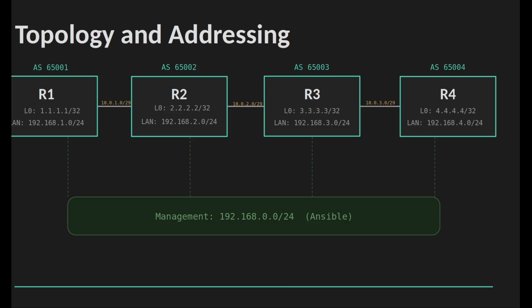R3 faces R4 on FastEthernet1/1 at 10.0.3.3. R4 is AS65004, loopback 4.4.4.4, connecting back to R3 at 10.0.3.4. Every router also has a LAN interface on FastEthernet3/1, advertising a 192.168.x.0/24 prefix into BGP.